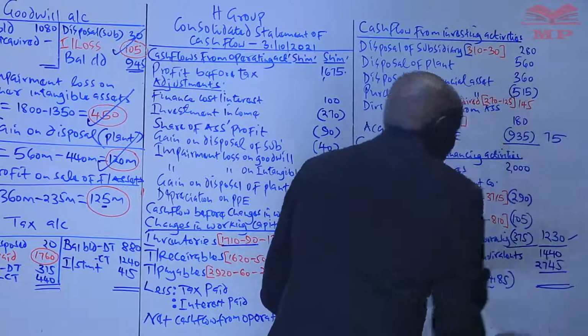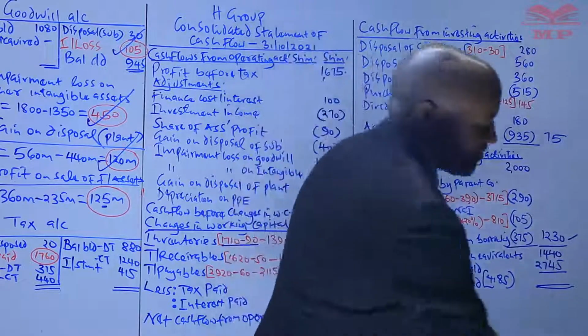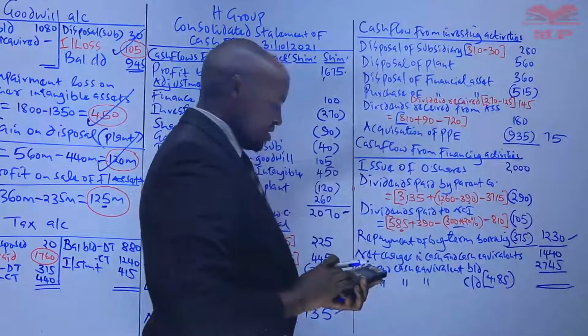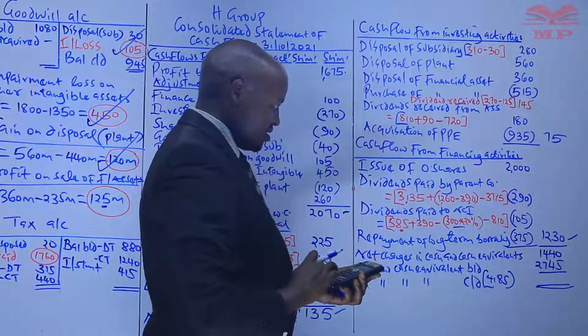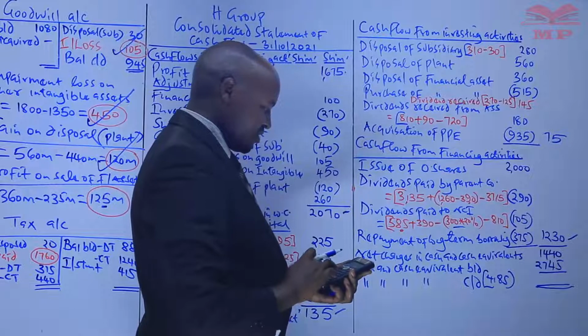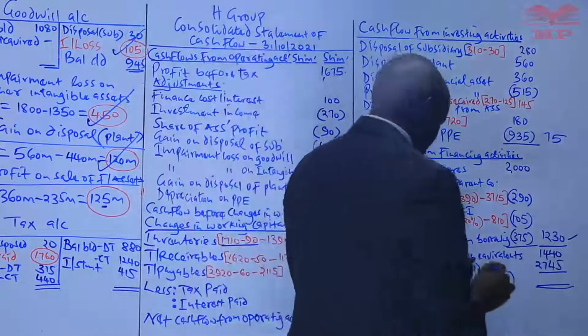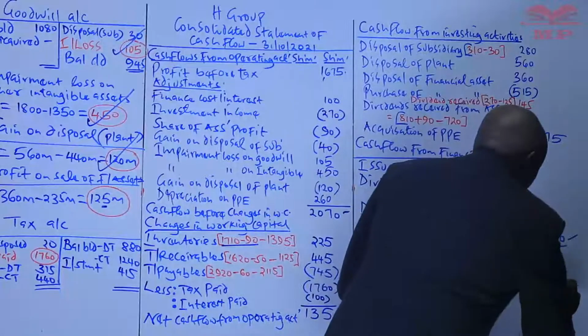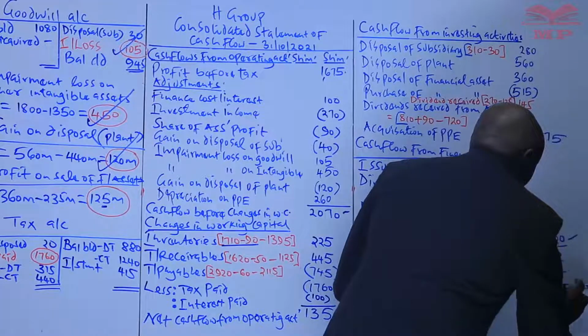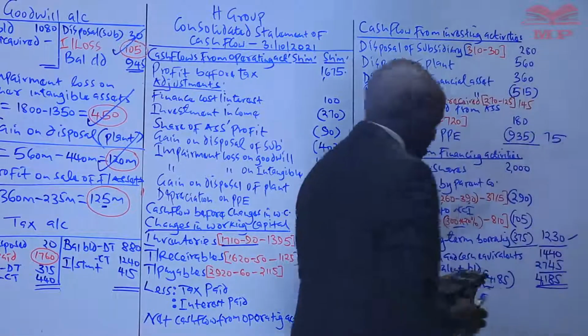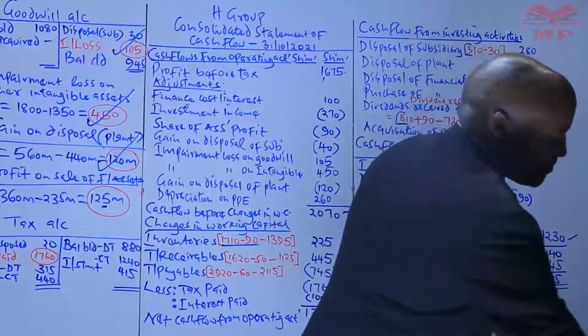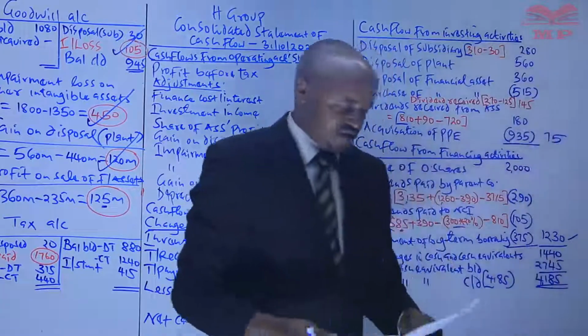It is obvious after adding the two, we should get the same figure. 1440 plus 2745. That will give us the same figure of 4185. Yes. So that is what was expected in that particular question.